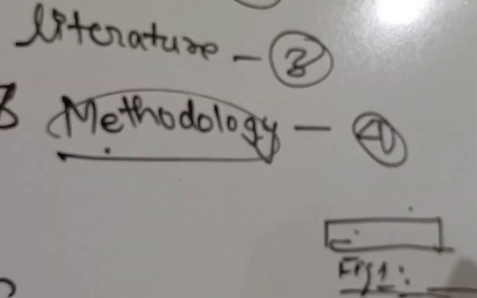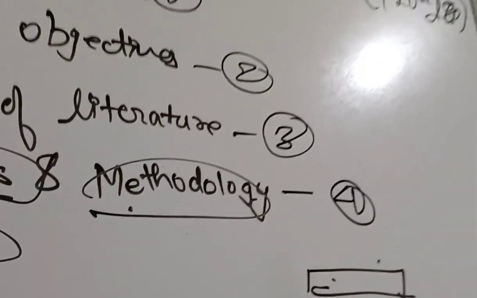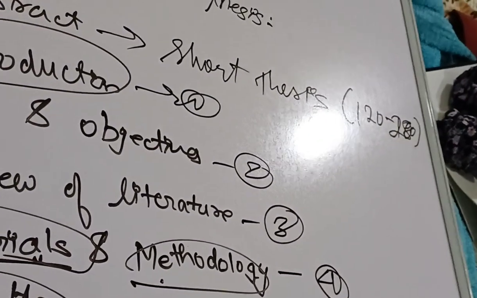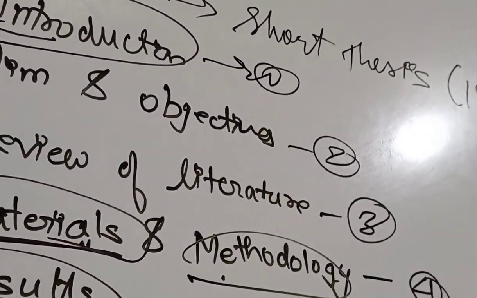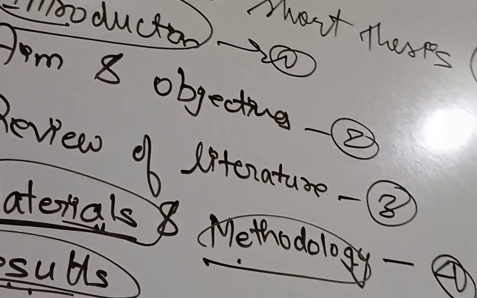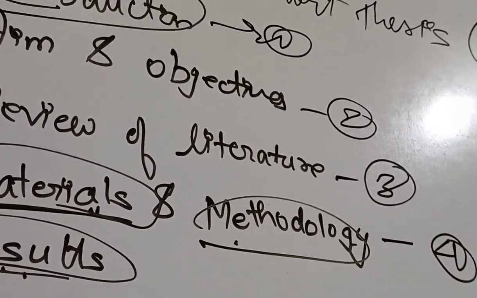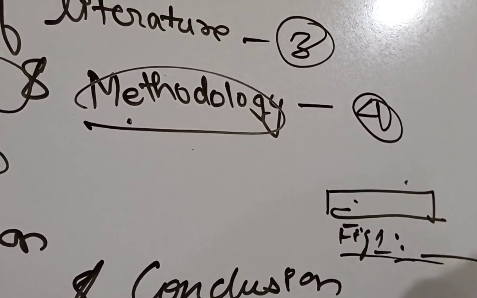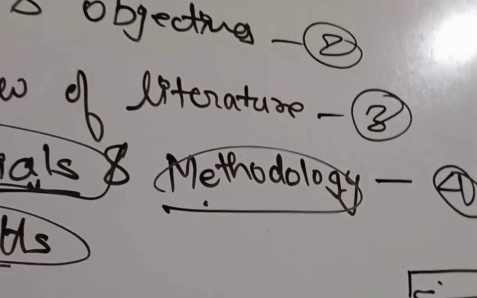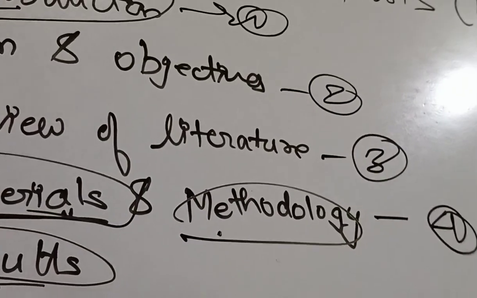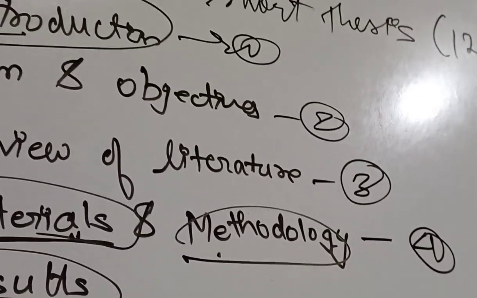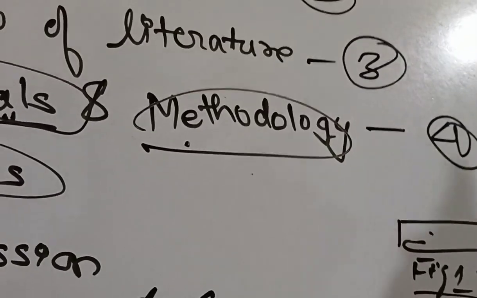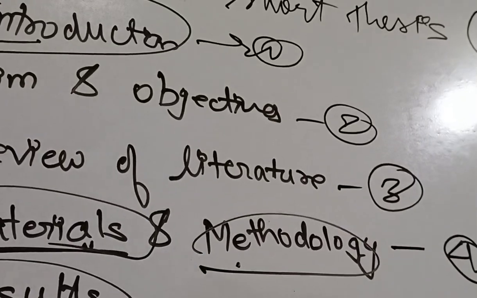If you're putting any picture in your thesis, then after the title you should write the citation, the source from where you took the picture. If in results you're going to click your own picture, there is no need to add any citation.